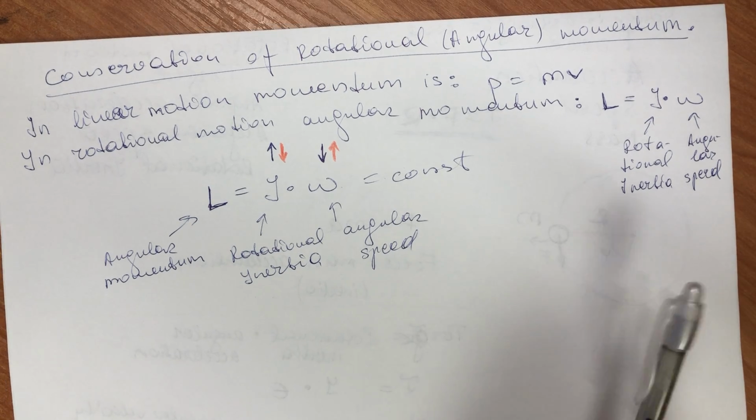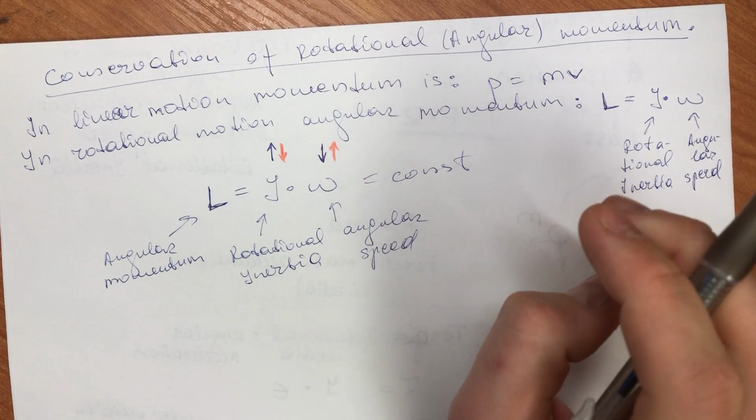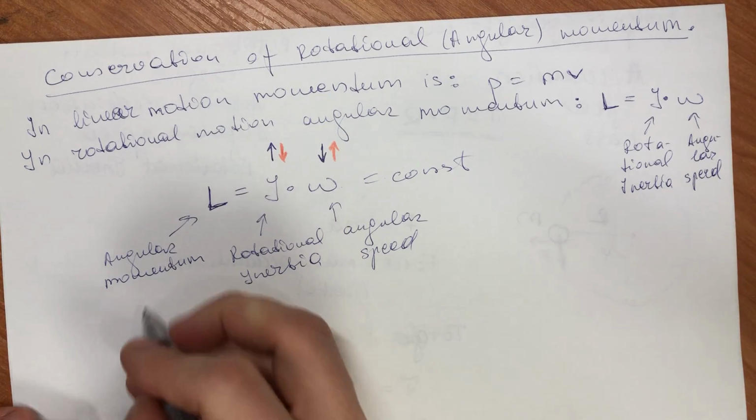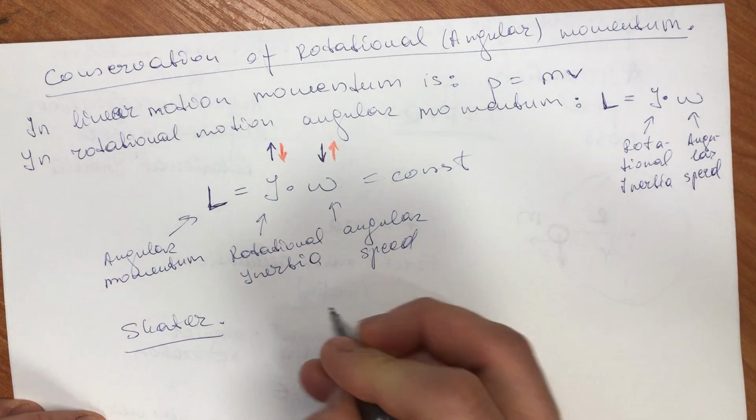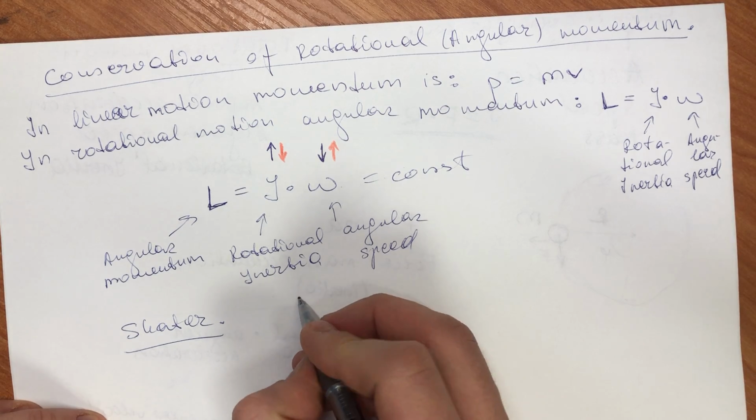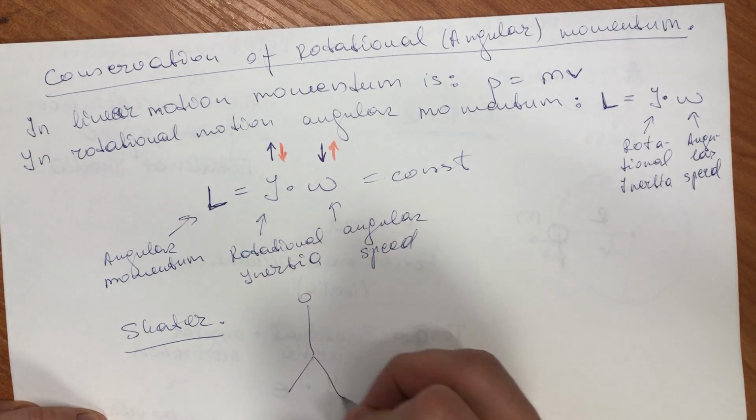So an example with a skater. Let's draw a primitive human being.